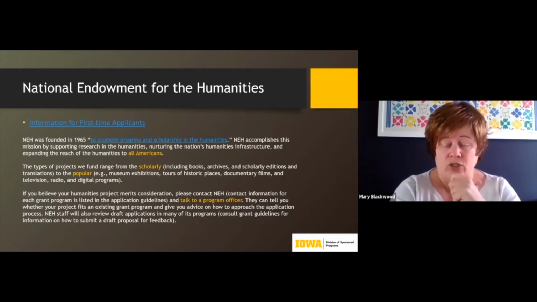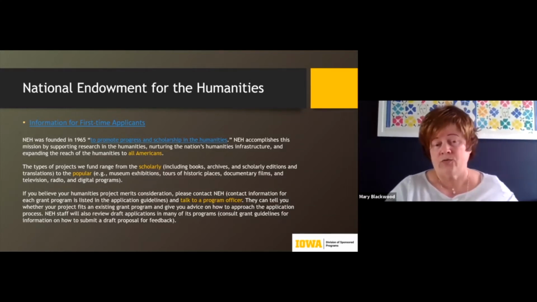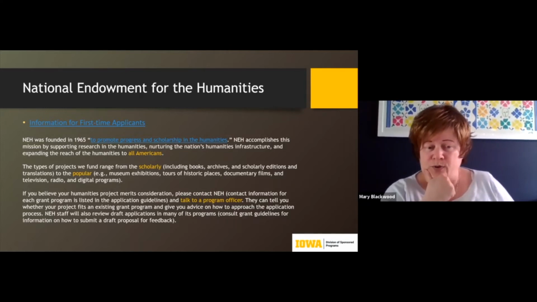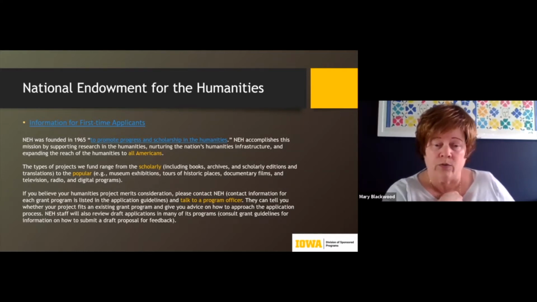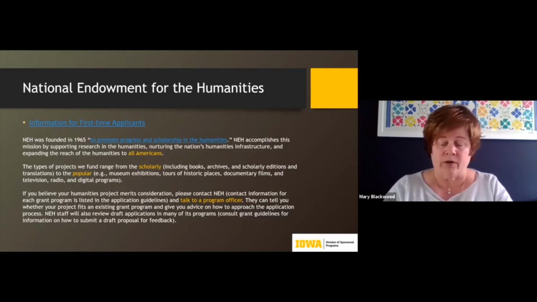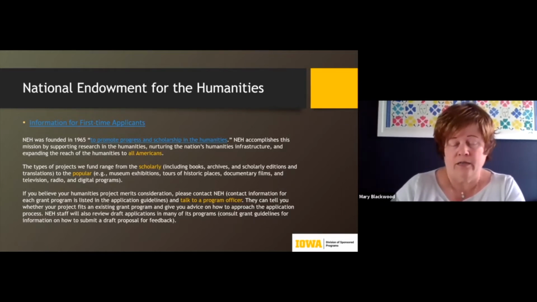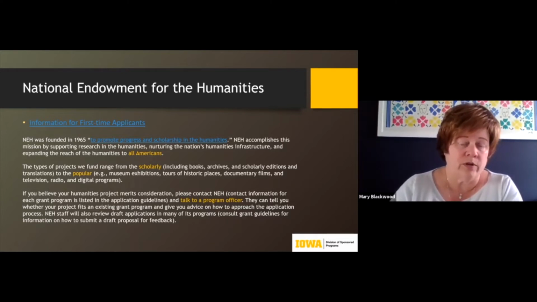They do fund scholarly work, which might be targeted to just scholars in your field, but they also fund popular work, a museum exhibition. Another thing that NEH will let you do, and it's far from the only sponsor that'll do this, is that you can talk to an actual program officer. A few months ahead of a grant opportunity opening, you can try reaching out, and say, here's my idea, this is what I want to do a project for, and I'm looking at your opportunity that's going to open in 3 months.